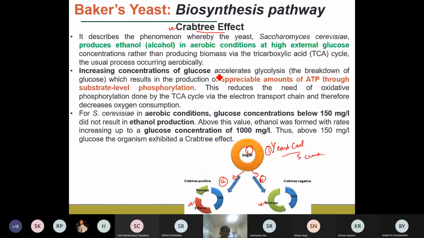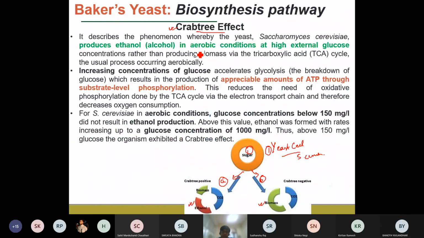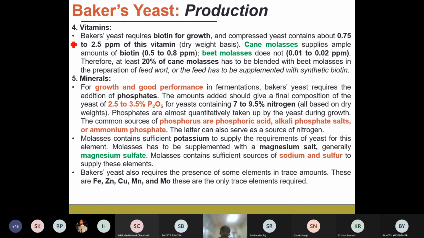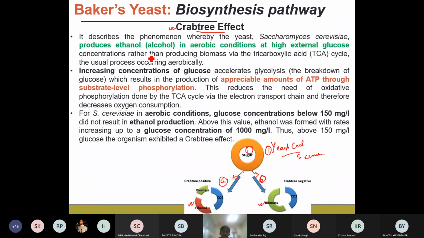We will look into these two effects in our next class, and then based on these two effects, how we can select the media components, like what should be the carbon source, energy source, the pH, the nitrogen source, the temperature, the other vitamins and minerals that are required for the Baker's yeast production, and, like we have seen in the case of ethanol production, what the roles of the different carbon sources are. We will look into this in the next class.